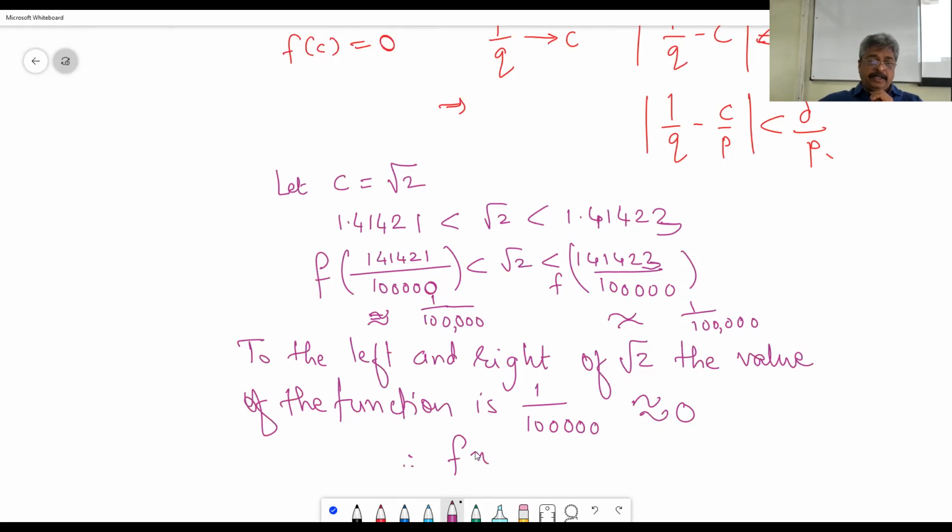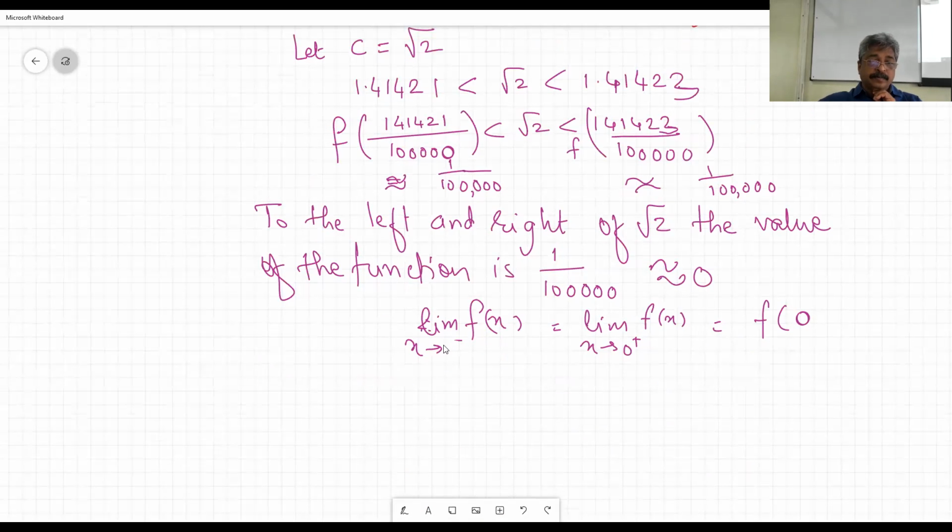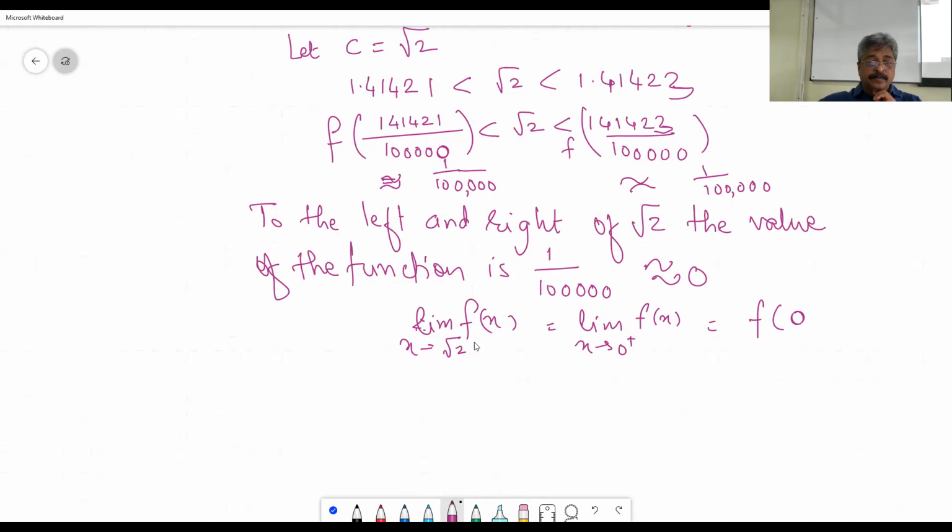Therefore, limit f of x as x tends to root 2 minus is equal to limit f of x as x tends to root 2 plus is equal to the value of the function f of x at root 2, which is equal to 0, hence continuous.